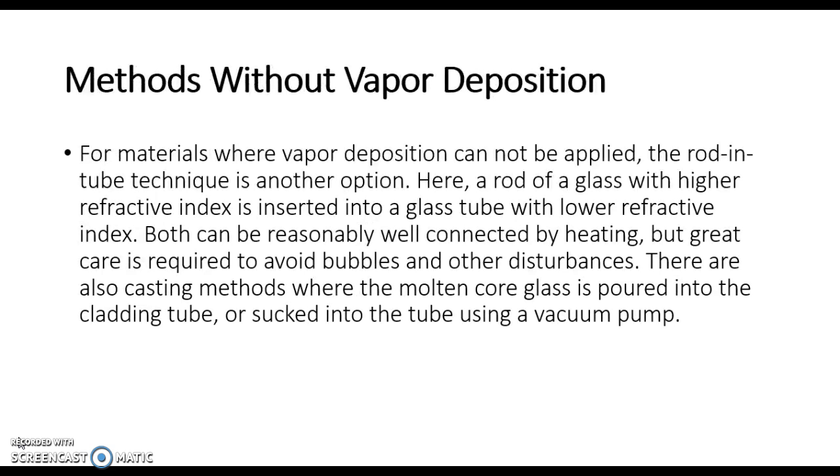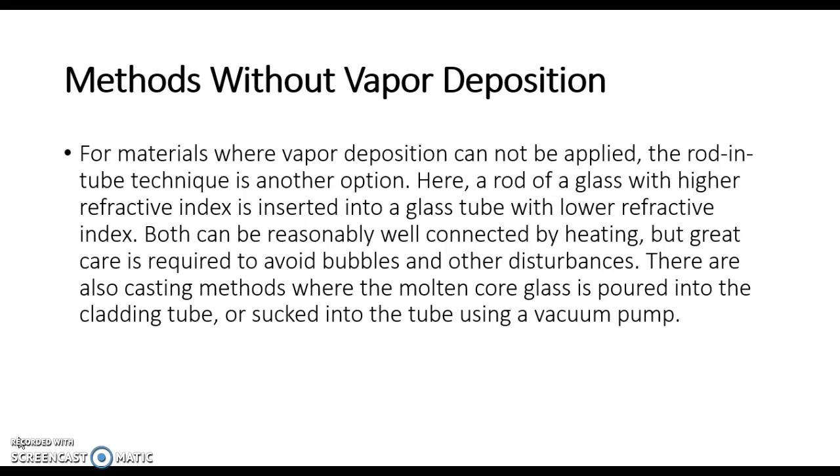Now coming to methods without vapor deposition. For materials where vapor deposition cannot be applied, the rod in tube technique is another option, where a rod of a glass with a higher refractive index is inserted into a glass tube with lower refractive index.